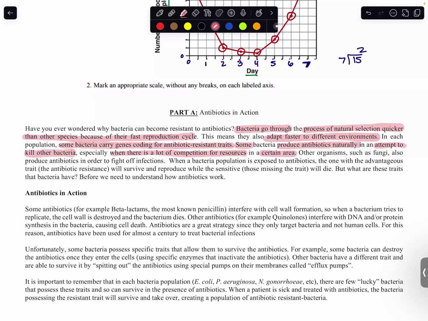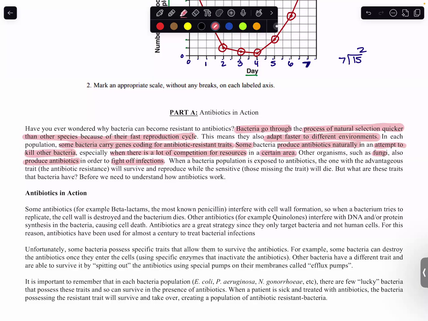Because they wanted to outcompete them for resources. Other organisms, such as fungi, also produce antibiotics in order to fight off infections. So you guys probably don't know this, but the majority of our antibiotics that we take or that are prescribed by the doctor are primarily produced by fungi, mushrooms, mold, those types of things.